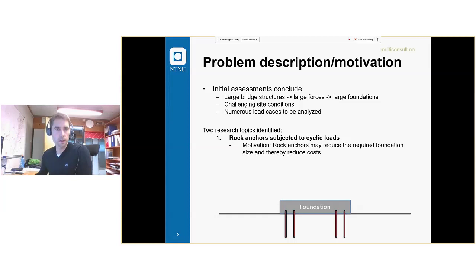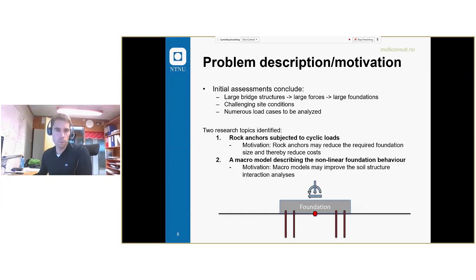And the second topic is a macro model describing the nonlinear foundation behavior. And the motivation here is that the macro model may improve the soil structure interaction analysis. So the macro model represents the nonlinear foundation behavior in one single element.